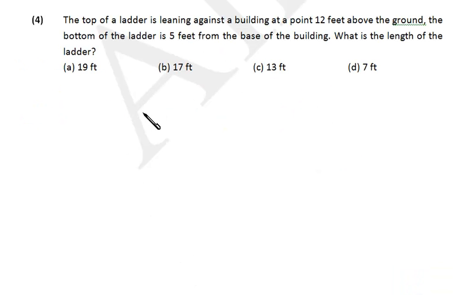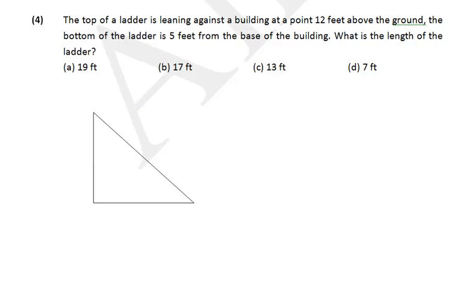Now we see this question, a word problem based on application of trigonometry or Pythagorean theorem. The top of a ladder is leaning against a building at a point 12 feet above the ground. The bottom of the ladder is 5 feet from the base of the building. What is the length of the ladder? Simple. There will be a right angle triangle. I just draw it.